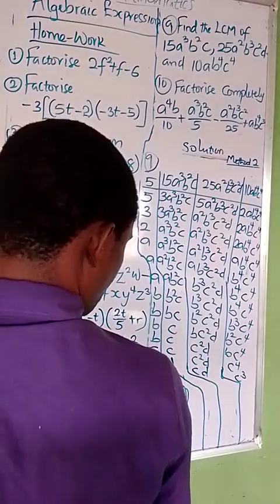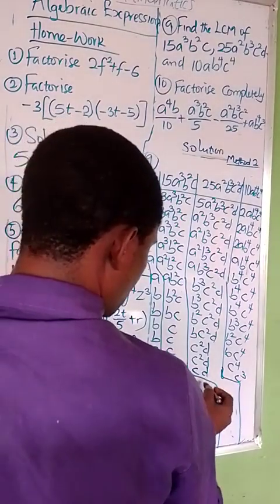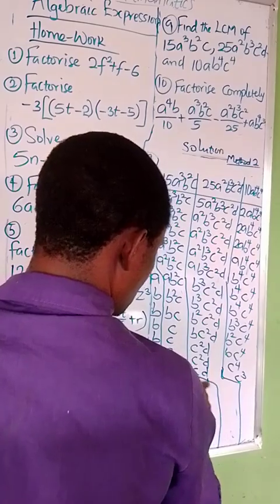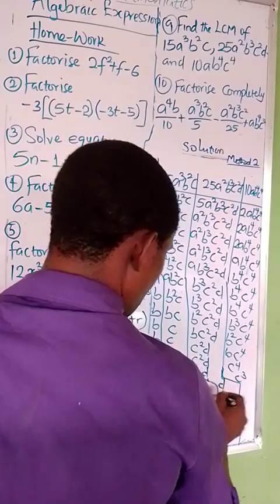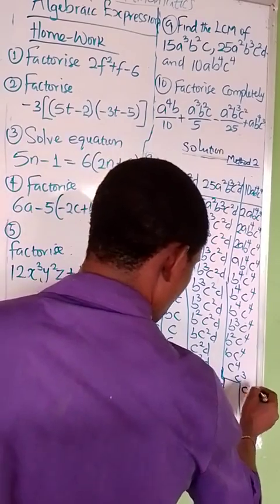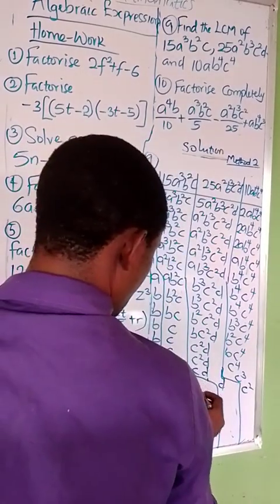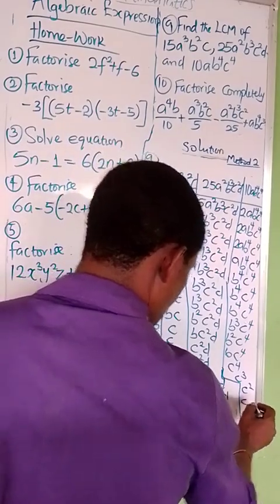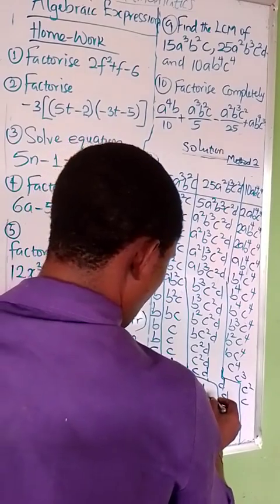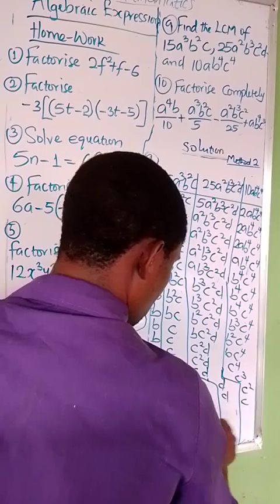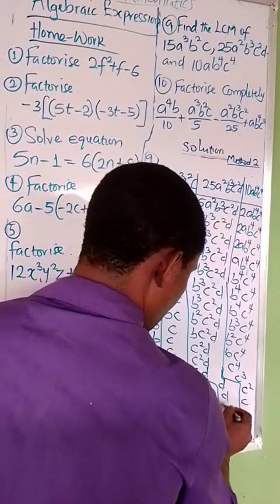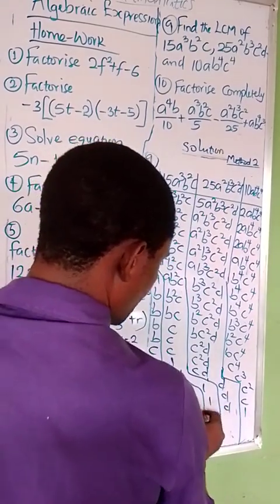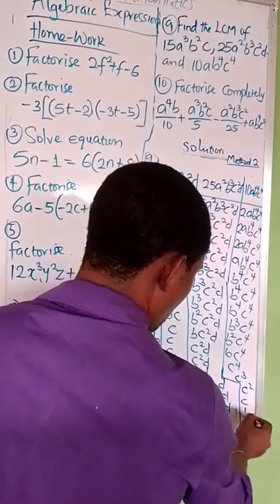C is still left in C. That's 1, d. So 1, d, c squared. You have C again, 1, d, c. Then C again, you have 1, you have d, and no more C. Then there's nothing, then use D. Use D, so you have 1, 1, 1.